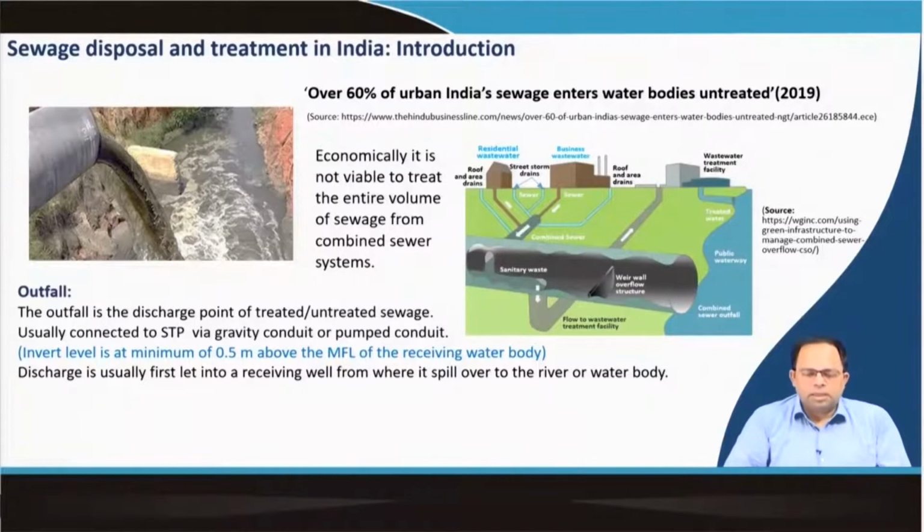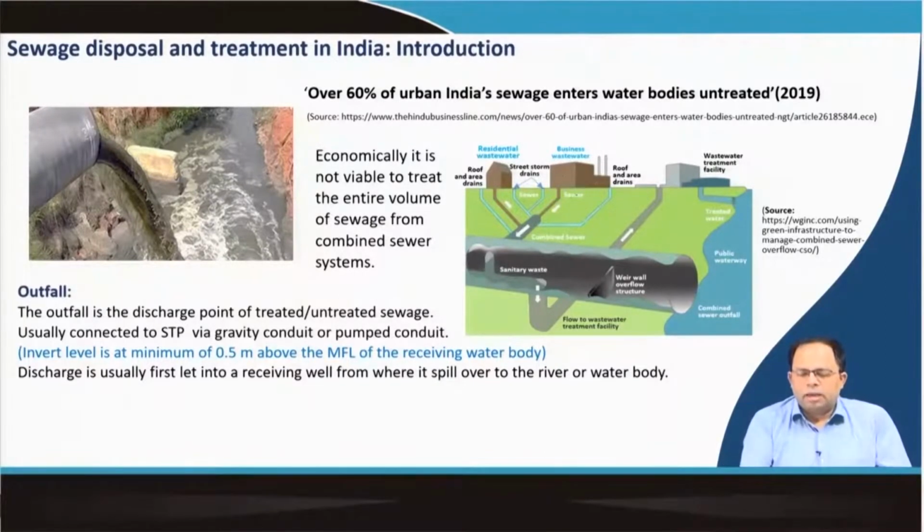We have already learned that most Indian cities have combined sewers, and most places in India receive a significant amount of rainfall, so it is economically not viable to treat the entire volume of the combined sewage that is generated.